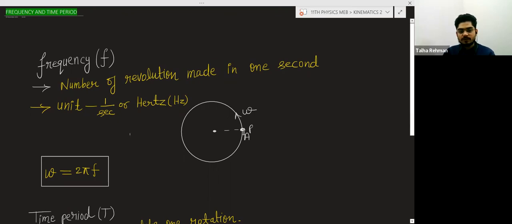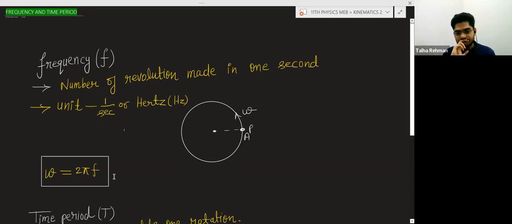So the unit of frequency is 1/second, also known as hertz. And there is a relation between angular velocity and frequency. Angular velocity is equal to 2 pi times the frequency.